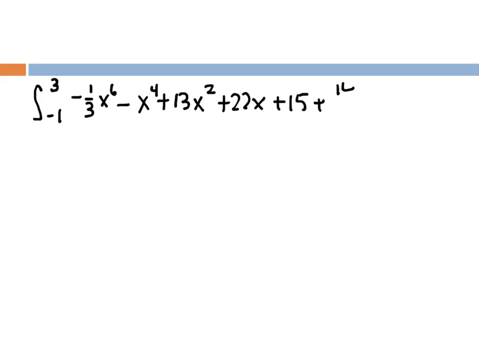It's actually -1/3 x to the 6th minus x to the 4th plus 13x squared plus 22x plus 15 plus 14/3 x cubed dx. Doesn't really look a whole heck of a lot better than the last version of it, does it? It's pretty long. All right, so we're going to integrate now with respect to x.